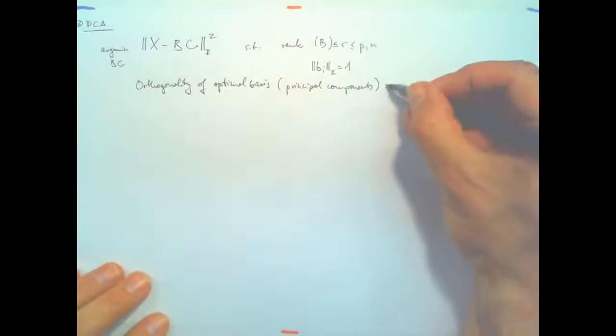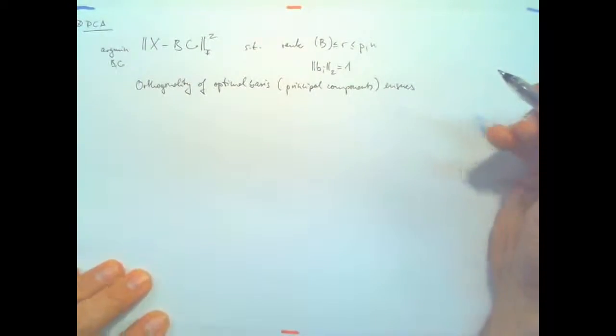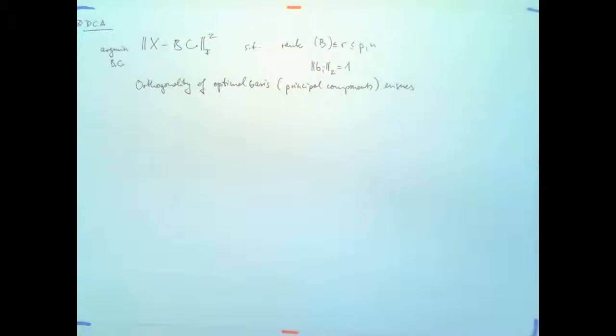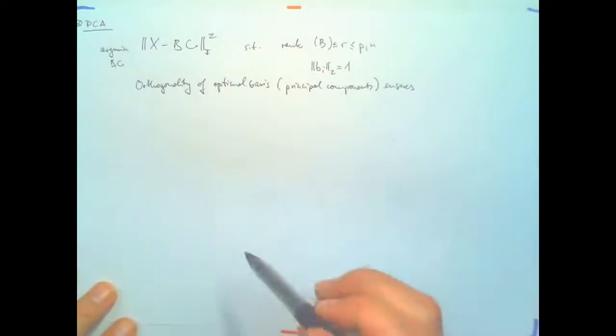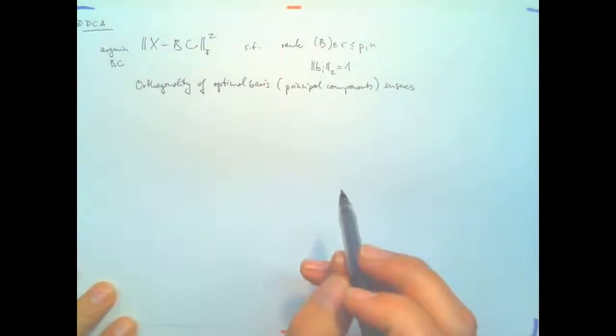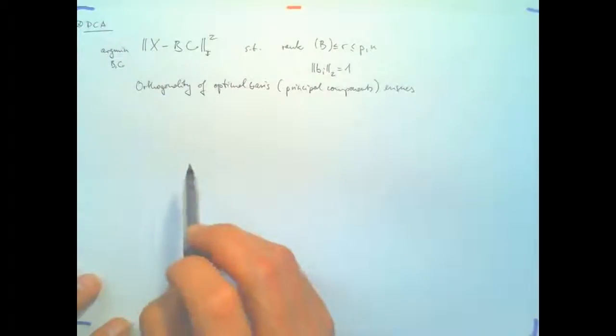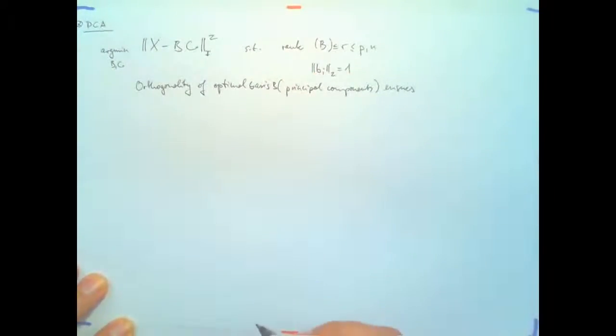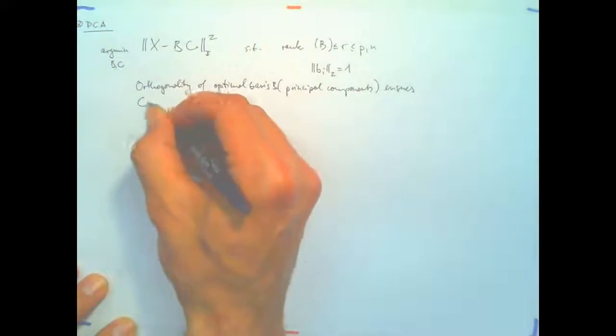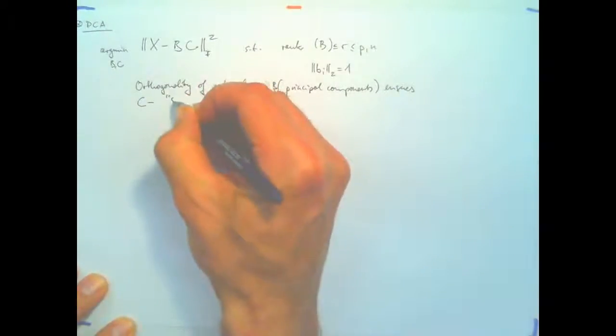It just follows by solving this optimization problem. I didn't have to put that in as one of the assumptions. Okay, so this is the same thing that we've discussed most of today, just with different letters. So optimal basis B of principal components, and we get the scaled coefficient matrix C. In the PCA we called them the scores.